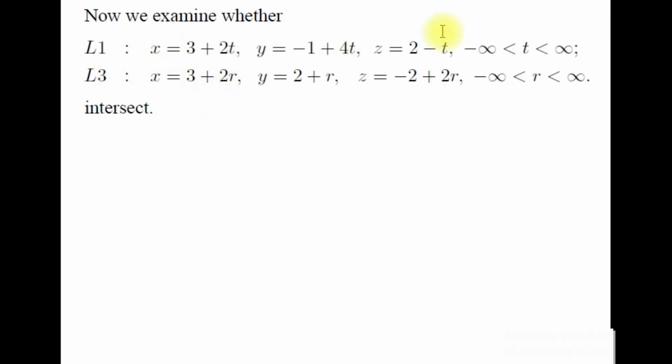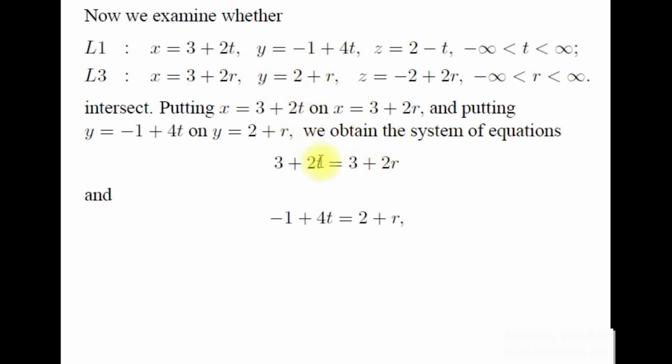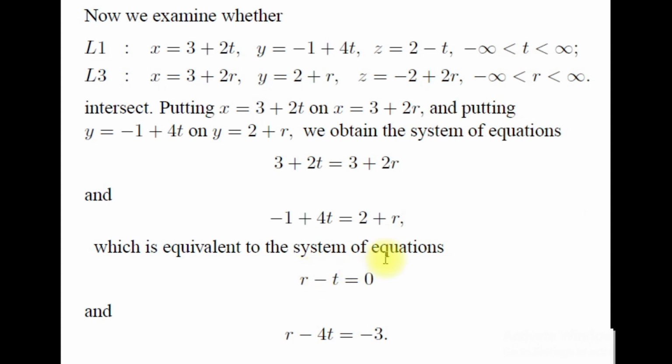We examine whether the lines intersect. Putting x = 3 + 2t in x = 3 + 2r, and y = -1 + 4t in y = 2 + r, we get 3 + 2t = 3 + 2r and -1 + 4t = 2 + r, which is equivalent to the system of equations r - t = 0 and r - 4t = -3.